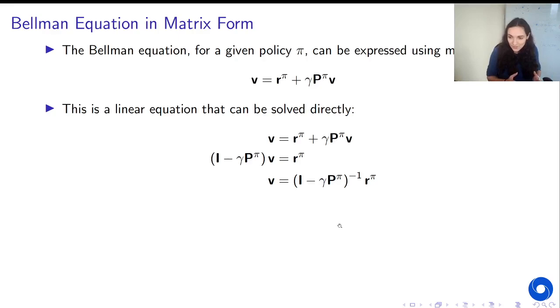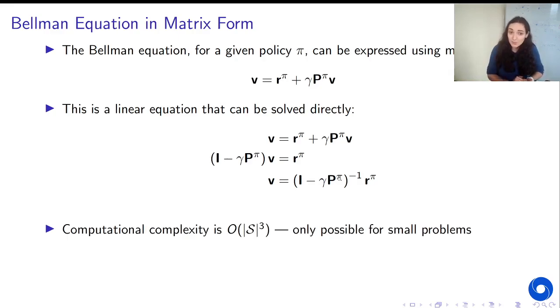And once we have this formulation in matrix form, this is just a linear equation. So we can solve for v, and you can see that this involves inverting this matrix, that is I minus lambda P pi, where P pi is the probability matrix of transitioning from one state to the other under policy pi. Okay, so that's it.